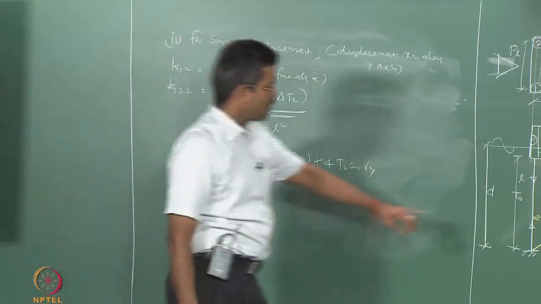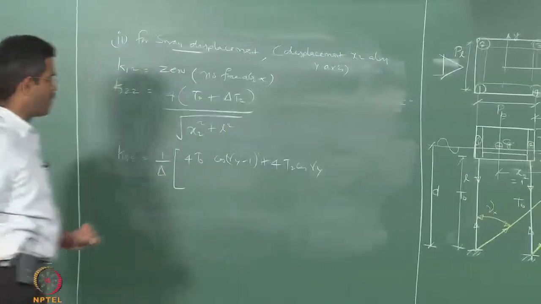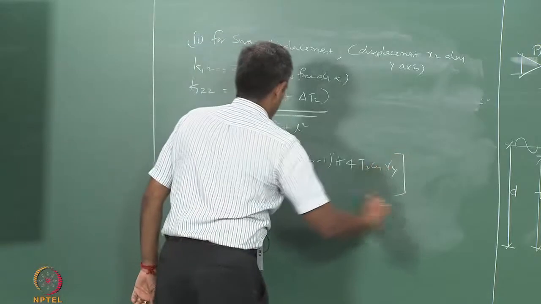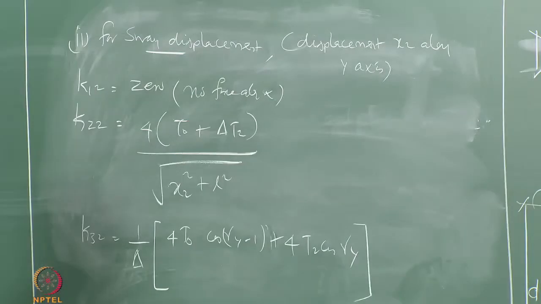The angle is now going to be gamma y when I am going to give displacement along y axis, going to be delta T2, isn't it? It is going to be delta T2.